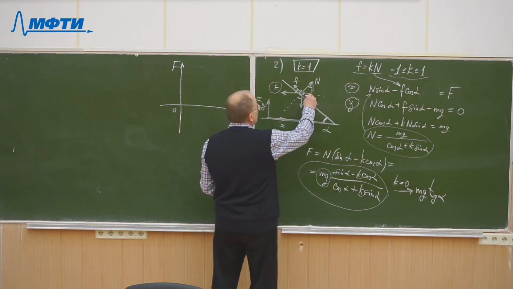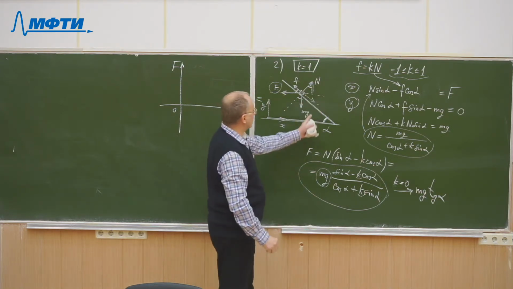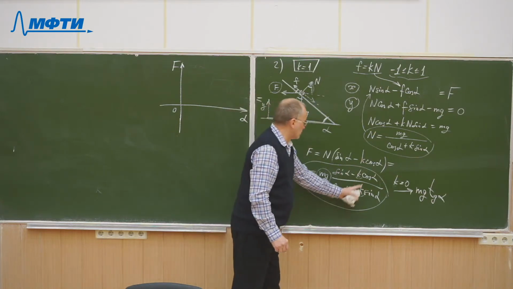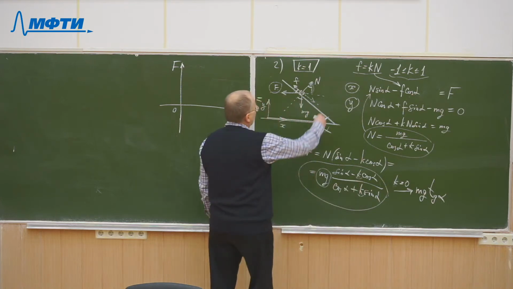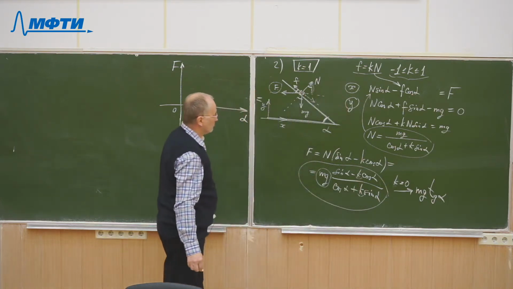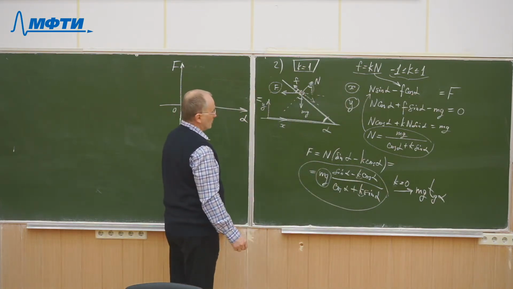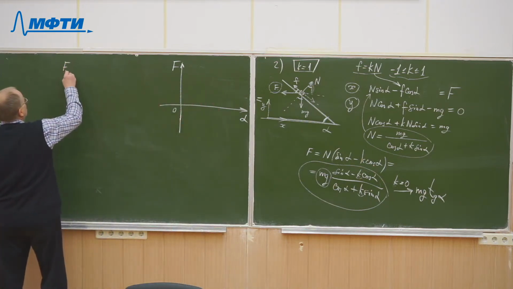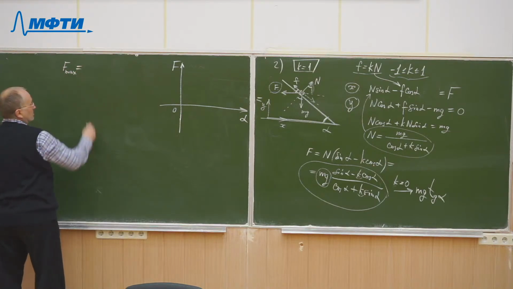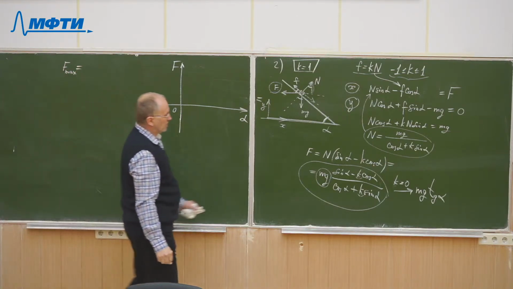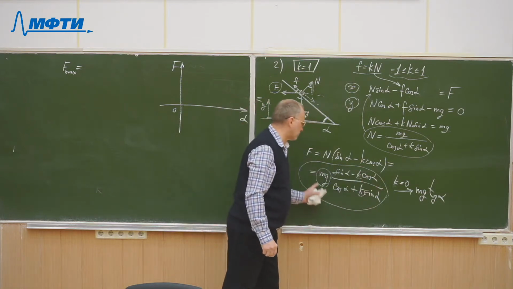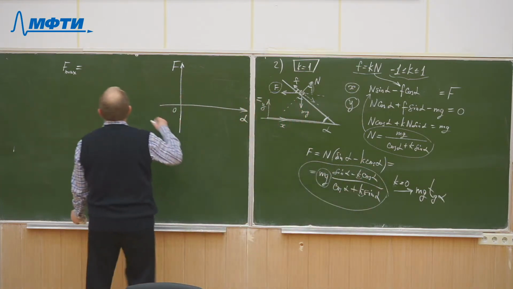Negative means that the force of friction in our notations is directed downward. We discussed it. If it's directed downward and the coefficient of friction is -k, then it's obvious that the force will be the maximum possible force. So the maximum value of the external force applied to the body will be obtained from this expression if k equals -1.